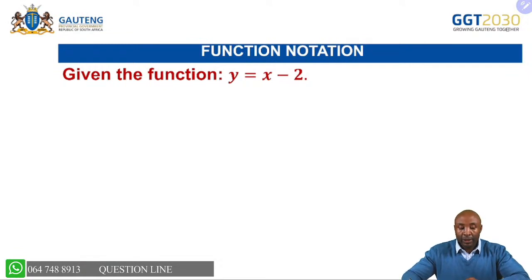We know that if we are given a function y is equal to x minus 2, that's a function of y in terms of x. We know that y depends on x.